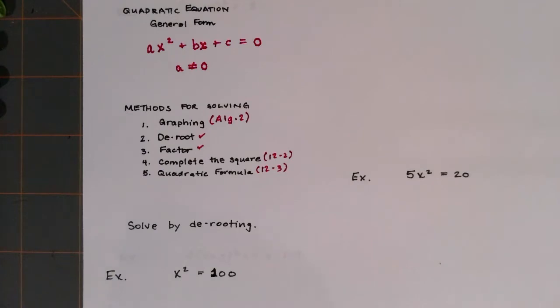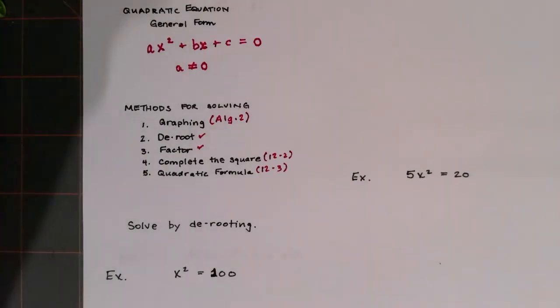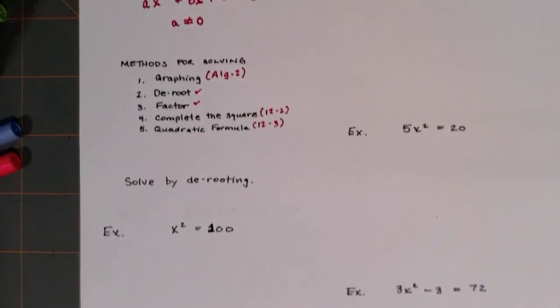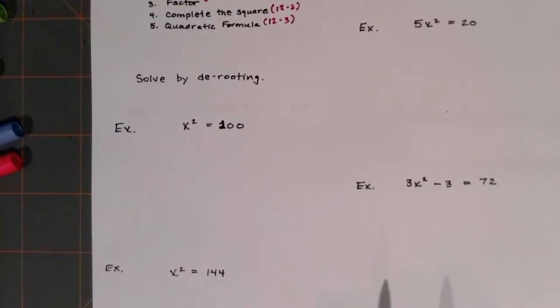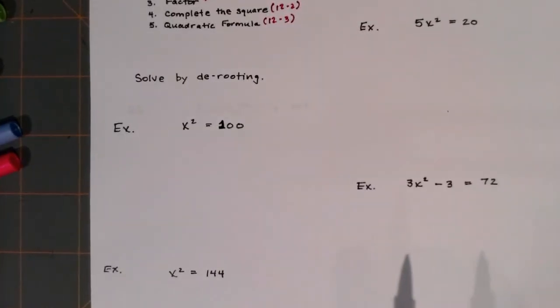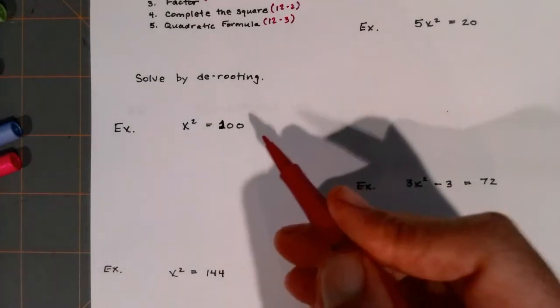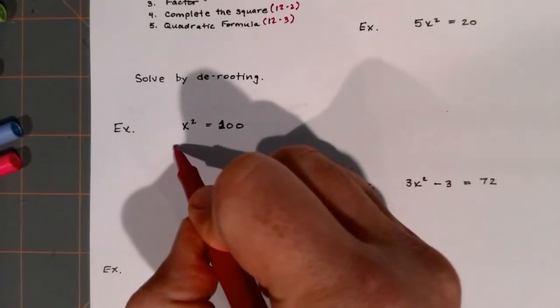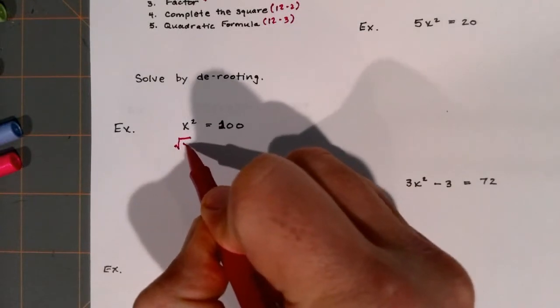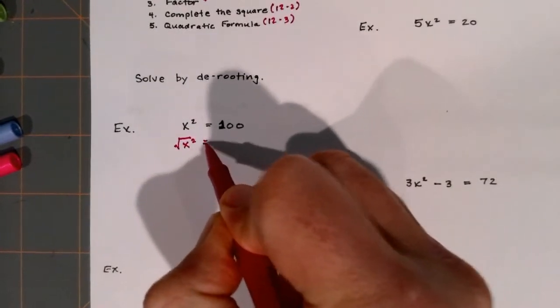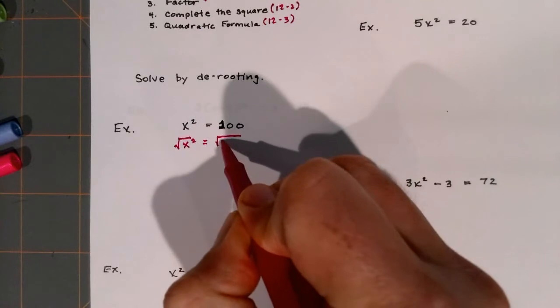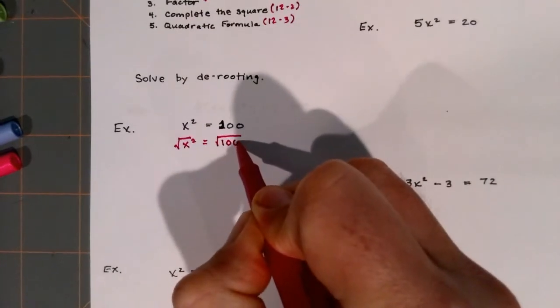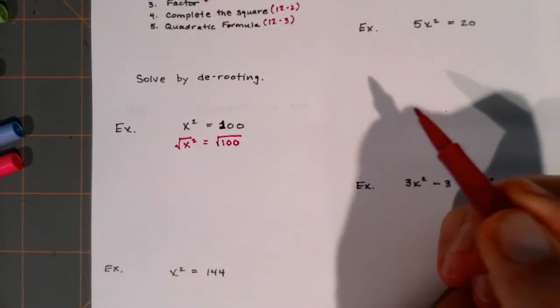So today we're just going to do some examples. We're just going to solve by derooting. You had one of these on your test, number 17, something like this: x squared equals 100. To deroot is to take the square root of both sides. So the square root of x squared is equal to the square root of 100.